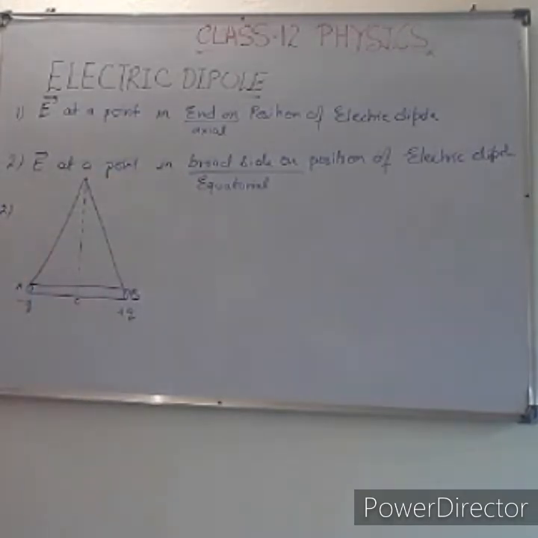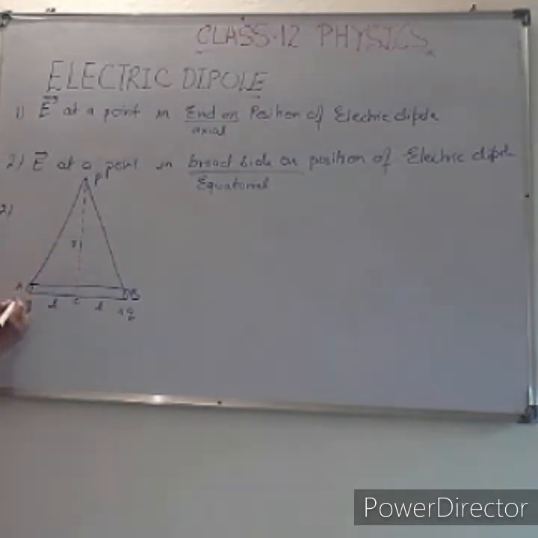Okay. So these are the conditions that this one is the point P where we have to calculate electric field. Okay. This one is L. Now the point is at r distance from the center position of the dipole.